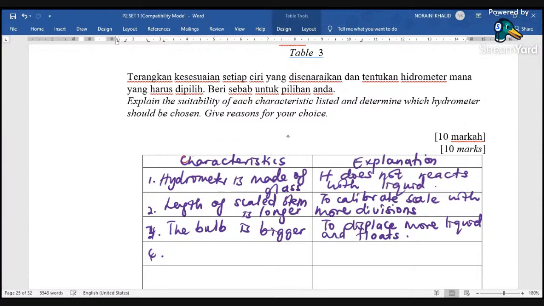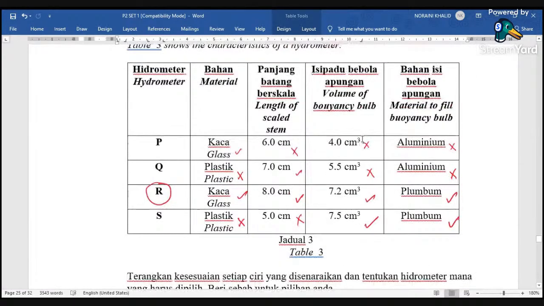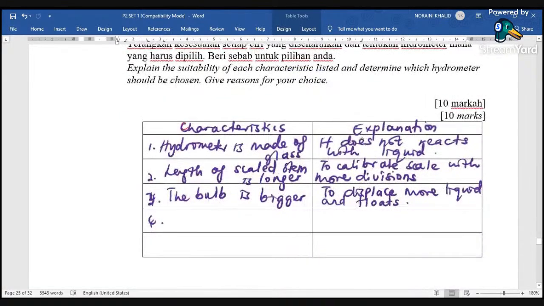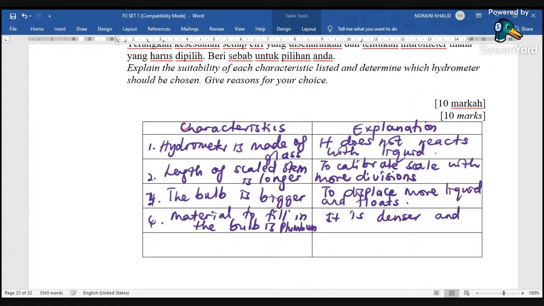More material to fill the bulb is plumber, because it is denser and the hydrometer can stand upright.